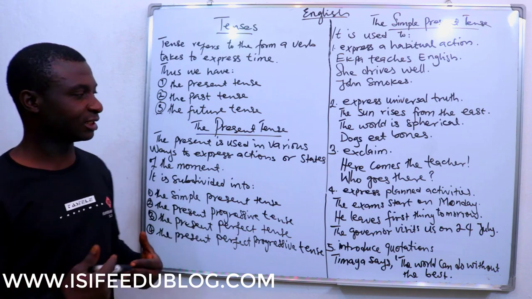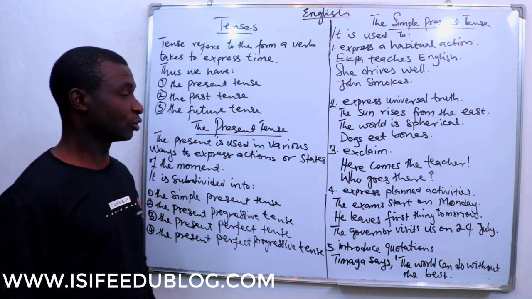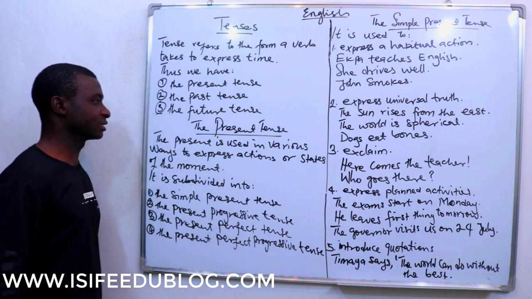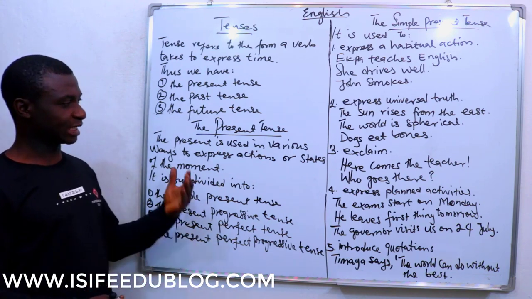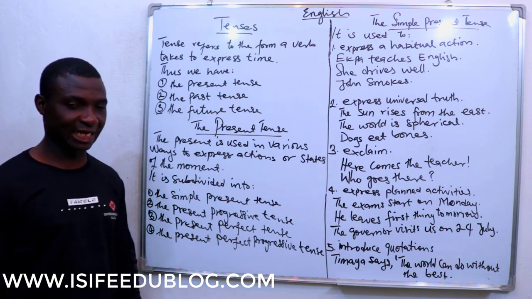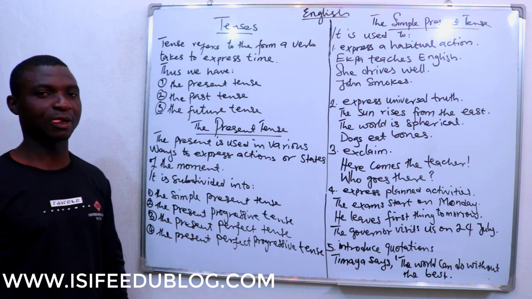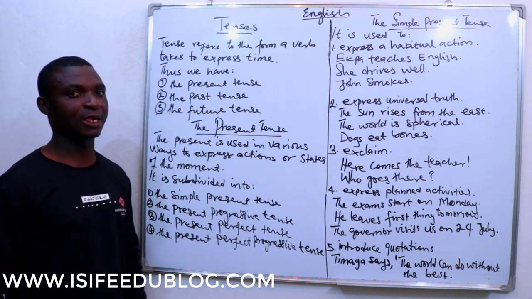So in being sure that you are communicating with respect to time, you select the tense that is applicable to the time you want to report the event, whether that same event is still ongoing or not.